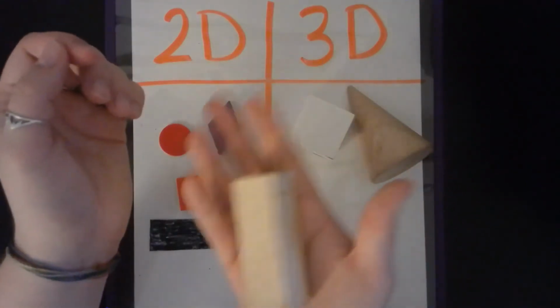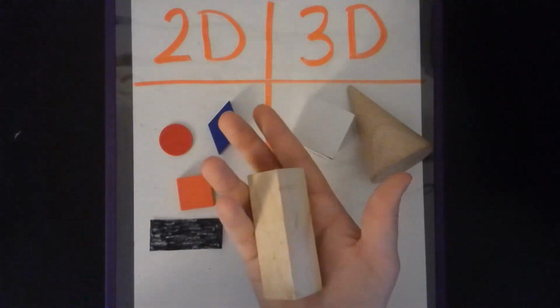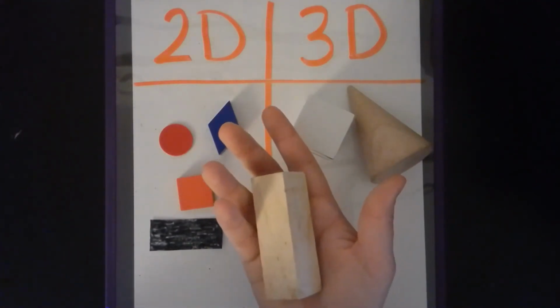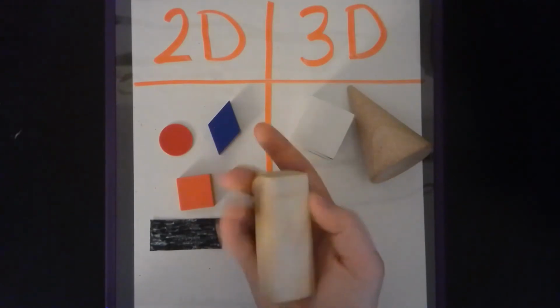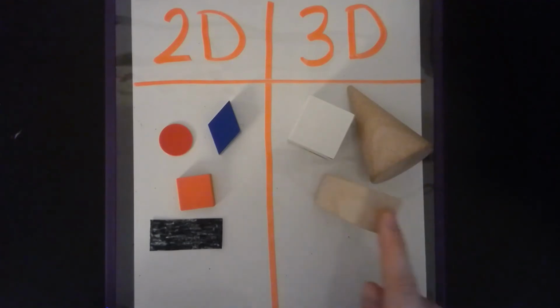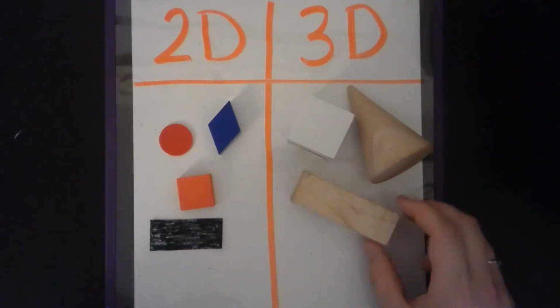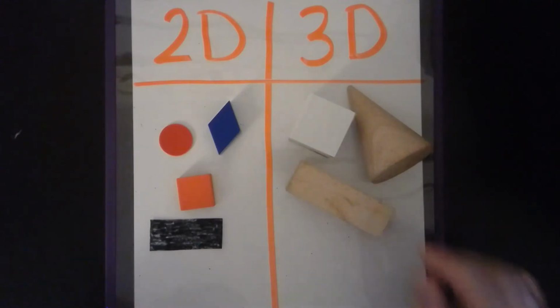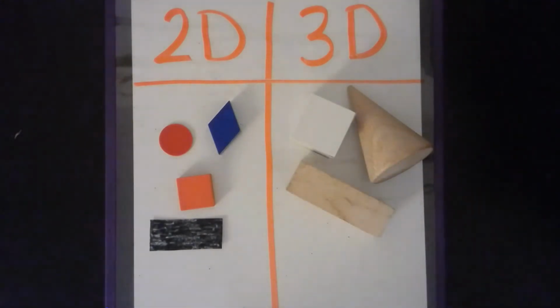And is it 2D or 3D? Is it two-dimensional or three-dimensional? Three-dimensional. This shape is three-dimensional. Do you guys see how it pops up off of the paper? It's 3D. A rectangular prism is 3D.